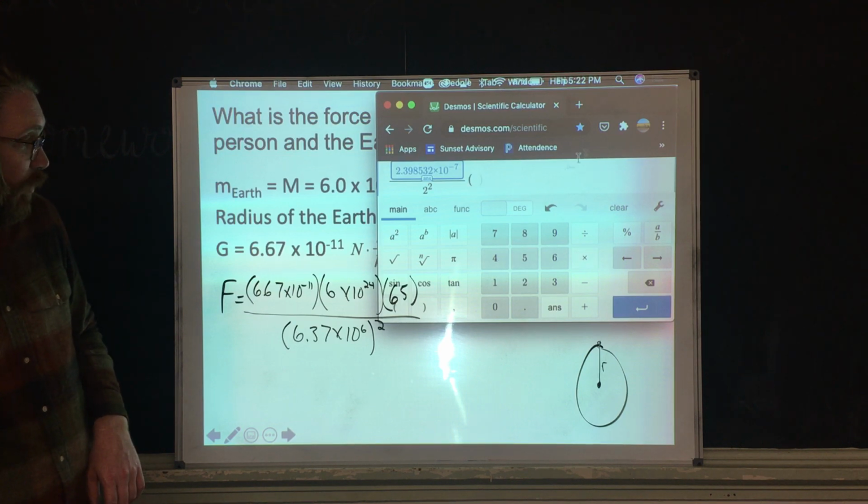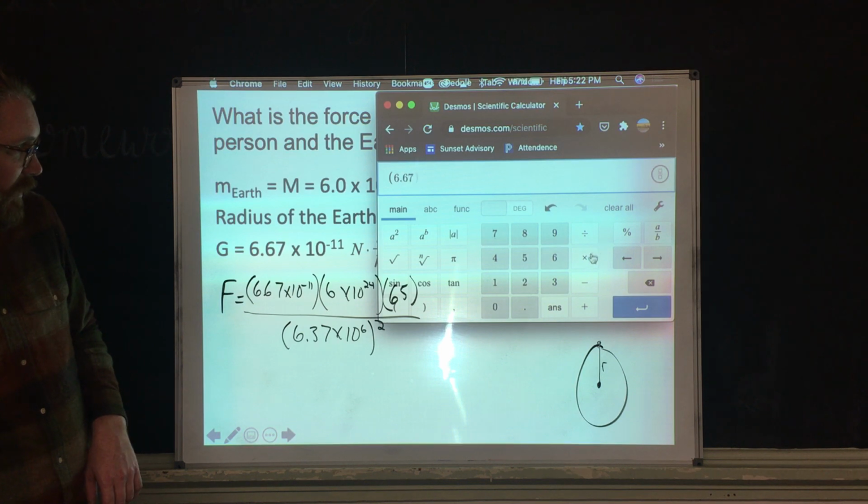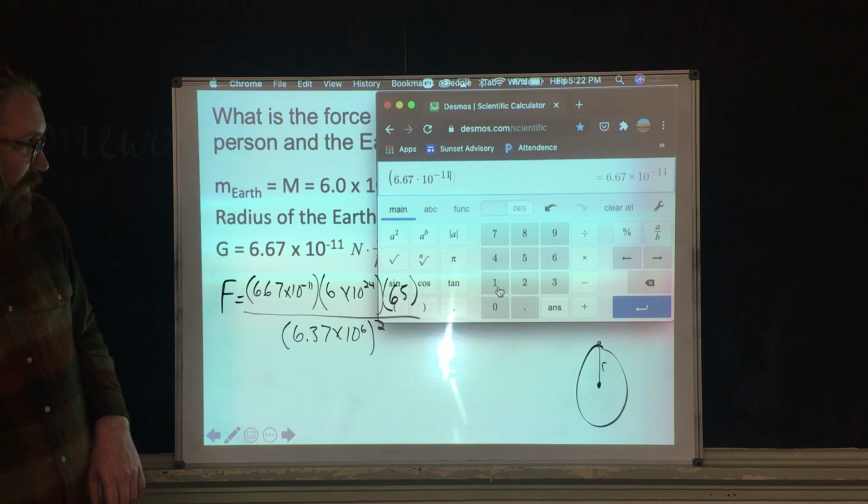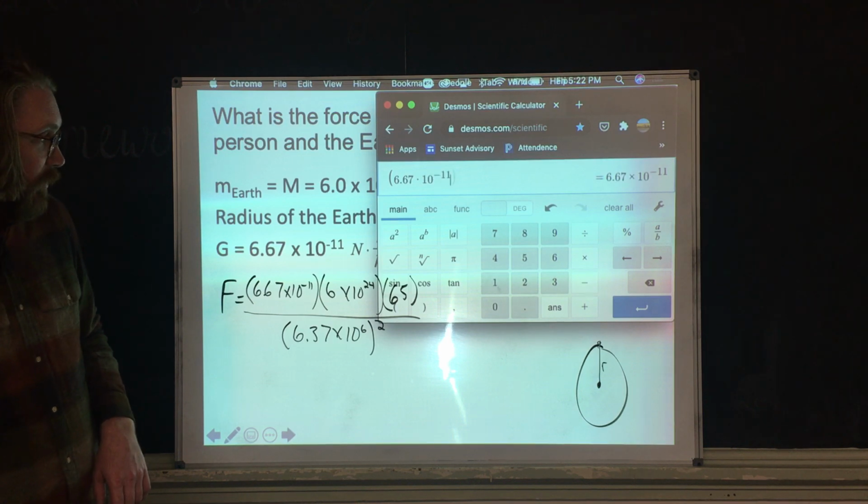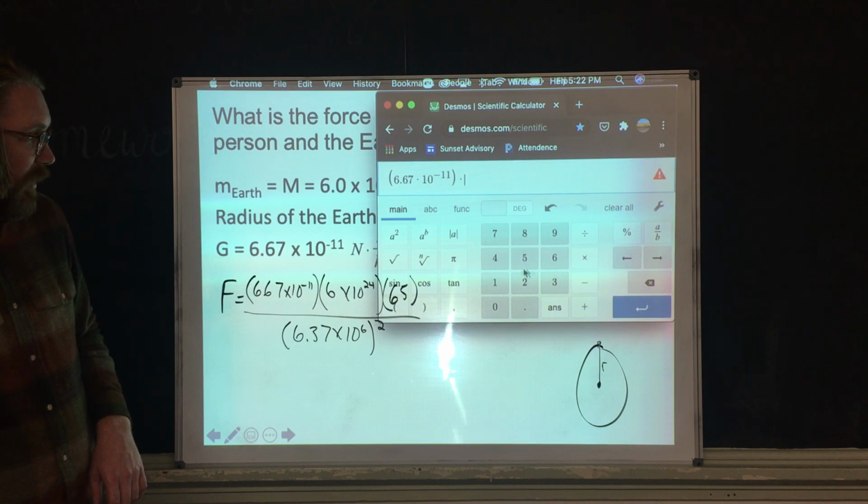Parenthesis, 6.67 times 10 to the negative 11th, forward arrow, close parenthesis, times, open parenthesis, 6 times 10 to the 24, close parenthesis, times 65.